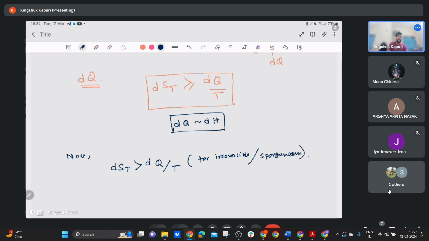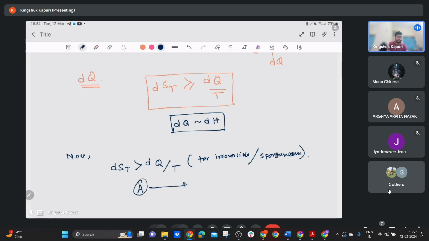If we assume a reaction, let's say reaction A, and it is spontaneous, it means it is one-directional, where the thermal entropy dS is greater than dq by T, the energy received divided by its temperature, right?